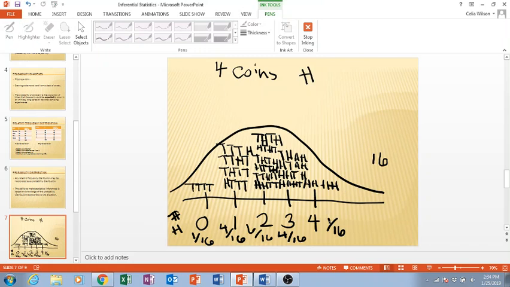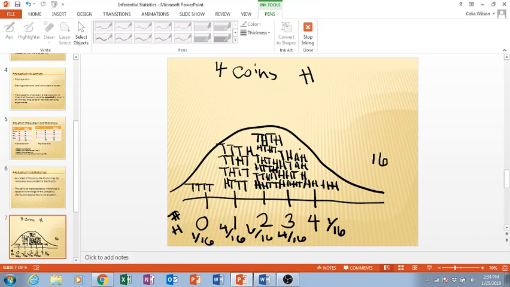Out here, we only had 1 out of 16 as a possible result to get head, head, head, head. So the probability of landing on all heads is small. Same thing for all tails. A little more likely for 1, a little more likely for 3, and then 50-50, all right? 2 heads out of the 4 coins was the most likely.